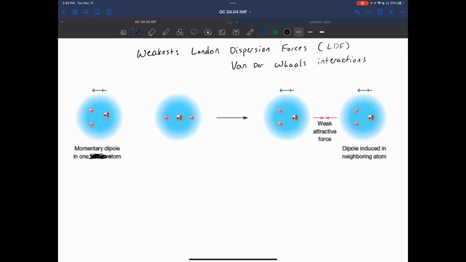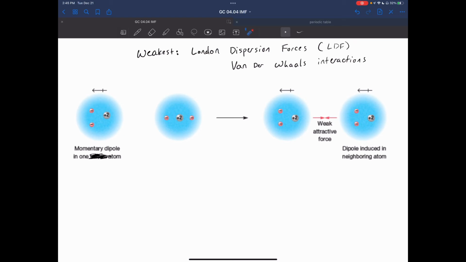And here's the deal with these. These are about electrons within an atom. So if I look at this atom, hopefully you've identified that this is a helium atom, right? It's got 2 electrons and 2 protons. And the electrons are constantly moving around.